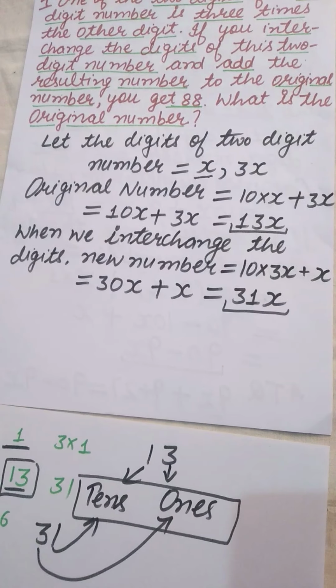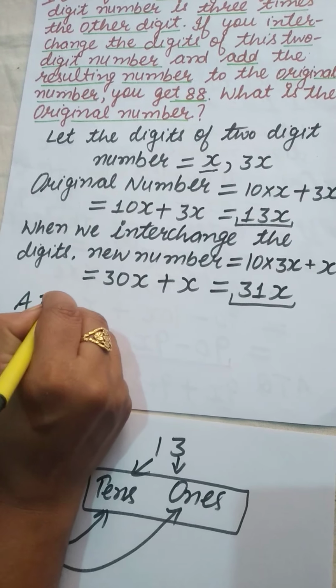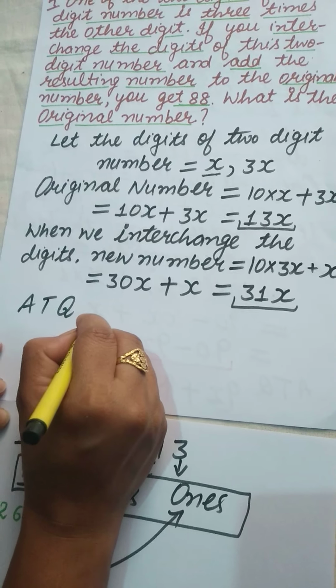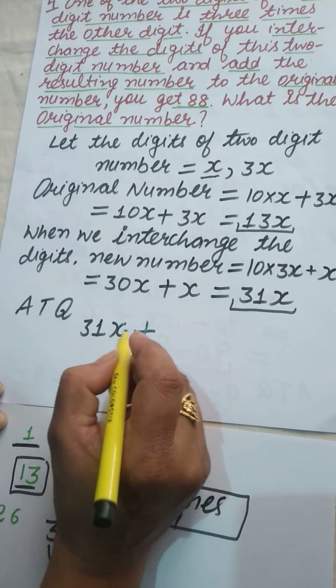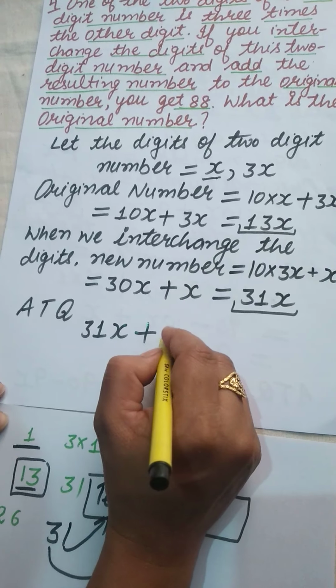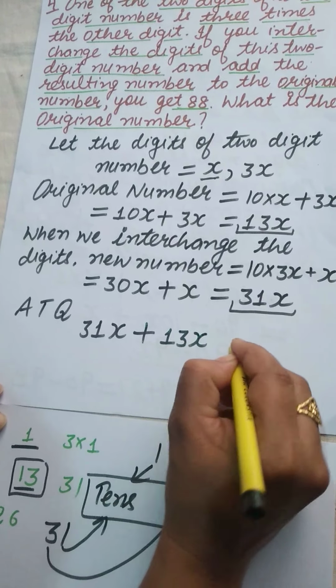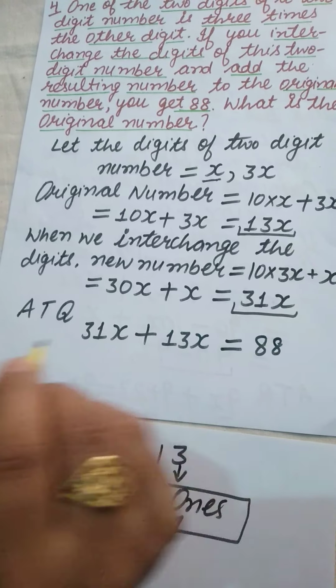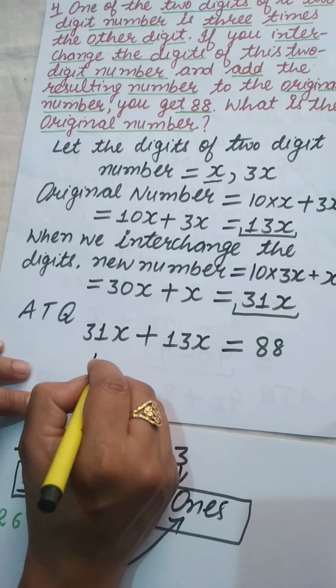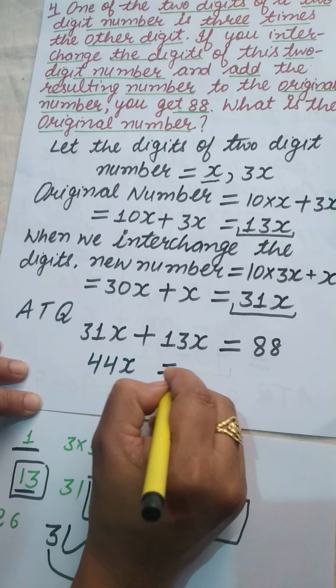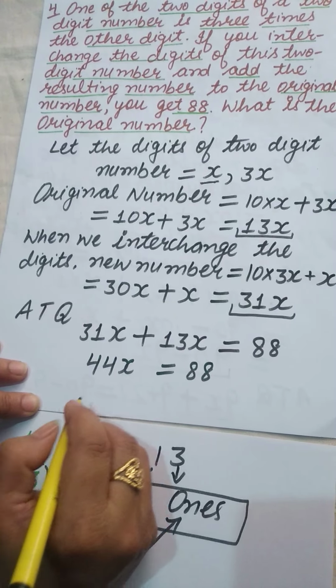That is, according to the question, 31x, the resulting new number after changing the digits, and the original number 13x is equal to 88. 31x plus 13x is 44x, is equal to 88.